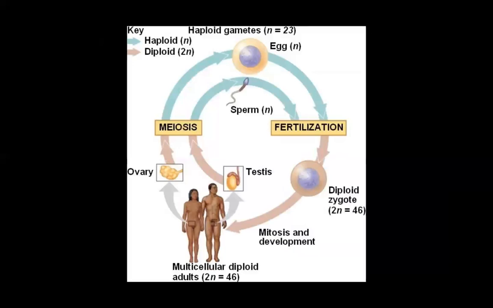Now, of course, before the egg cells or the sperm exits the environment, they have to undergo production, of course. And this is through the process of meiosis. So meiosis is like a modified method of cell division where you initially start with a diploid cell and it undergoes 2 rounds of cell division so that you eventually end up with 4 haploid cells.